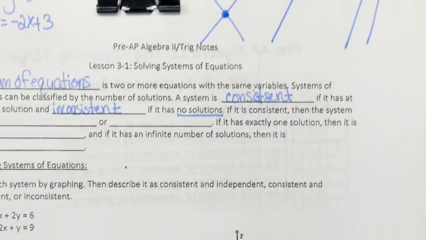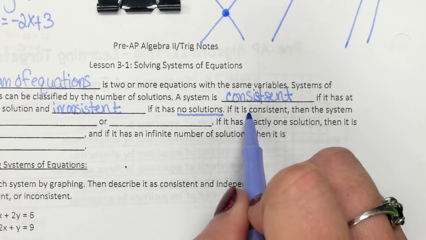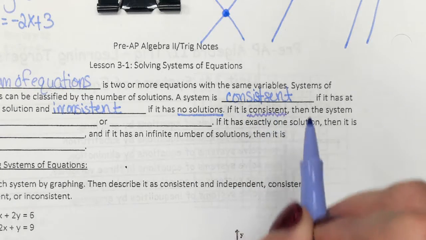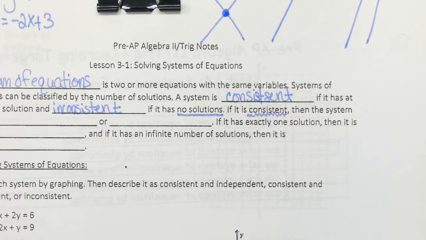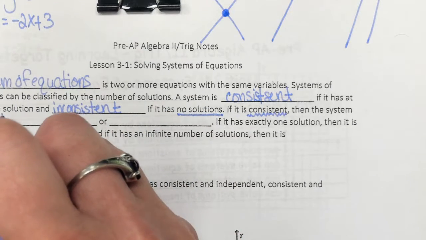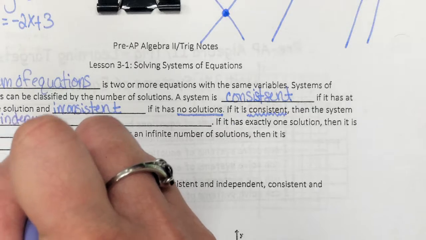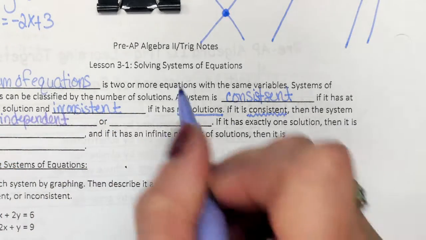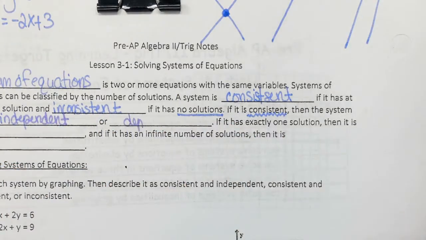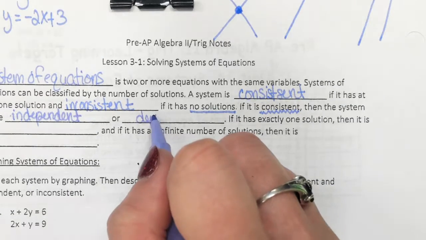All right, so if it is consistent, and only if it's consistent, then it can have two options, either independent or, what's the other one? Dependent.